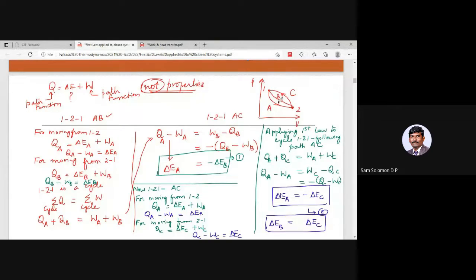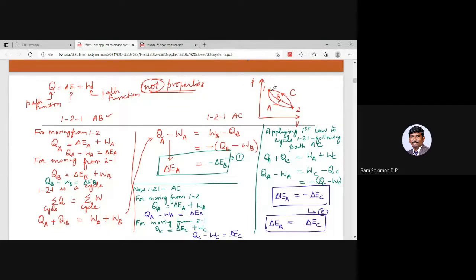What I am trying to tell you here is, I am taking two different paths B and C, but when I look at the change in internal energy, whether I am taking path B or path C, the change in internal energy is still the same. You take path B, there also you will find the same change in energy.